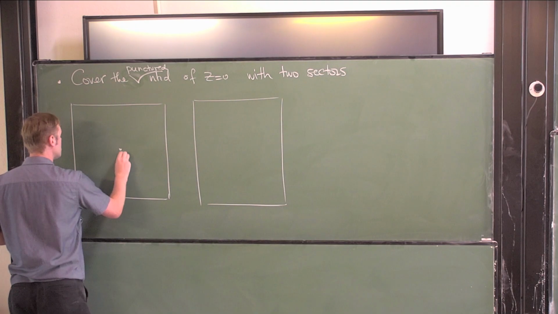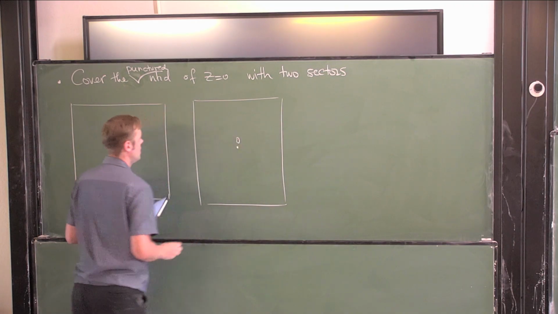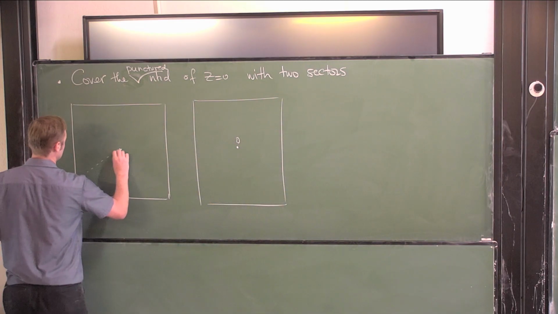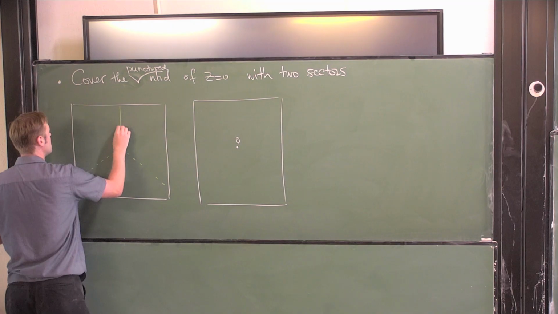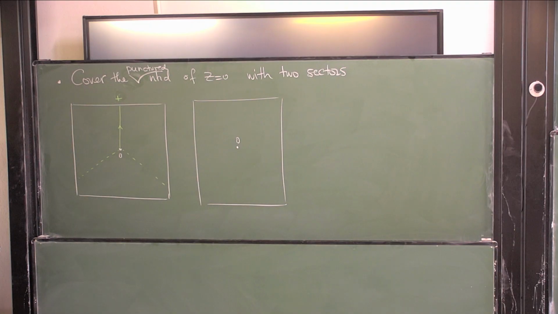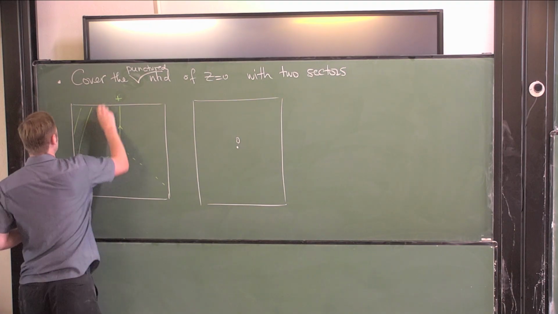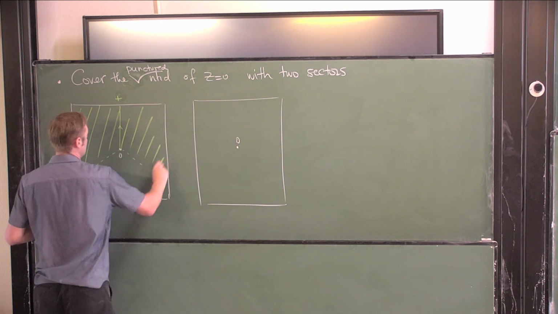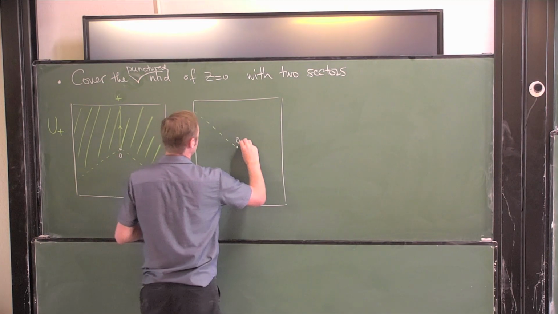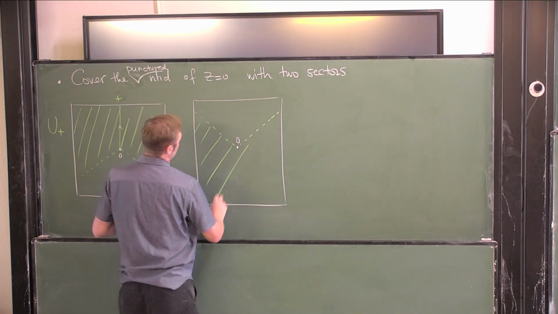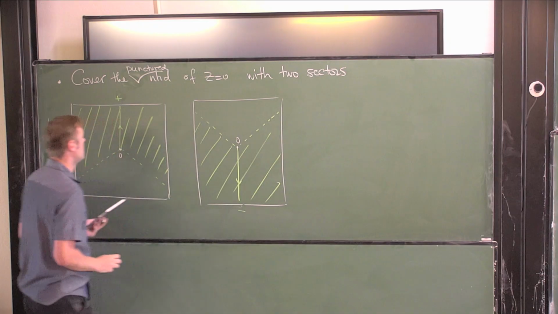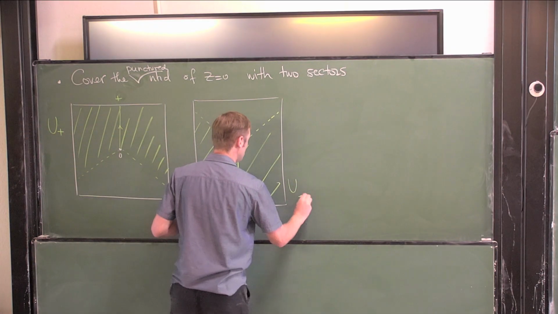Here is my origin. One sector looks like this, and let's say it's bisected by the positive imaginary axis. Let me call it U plus, and then another sector which is bisected by the negative imaginary axis. Let me call it U minus.